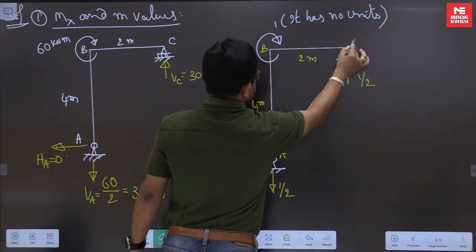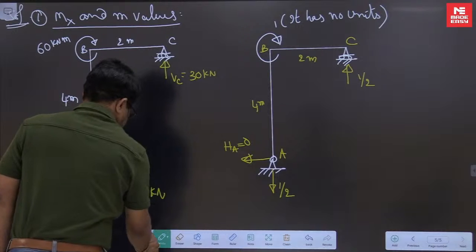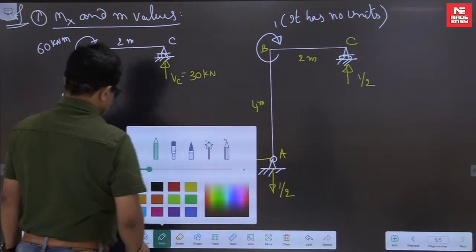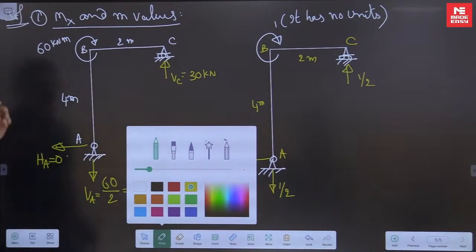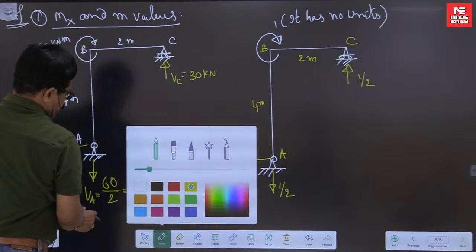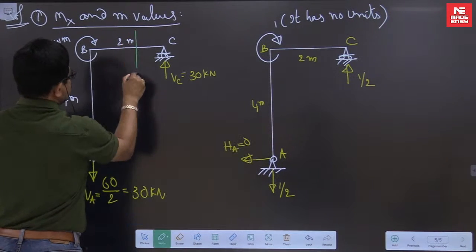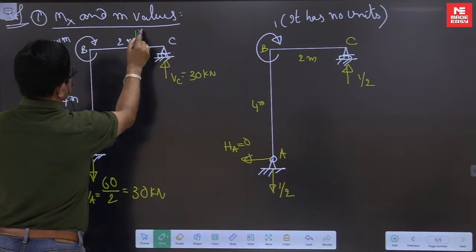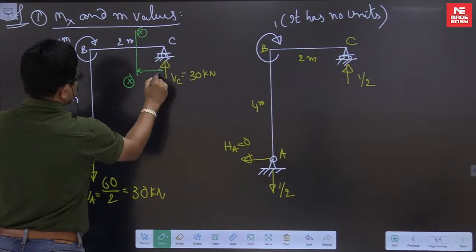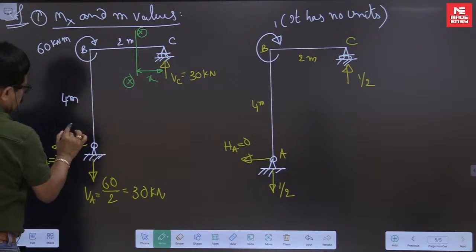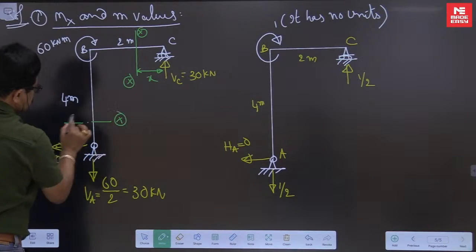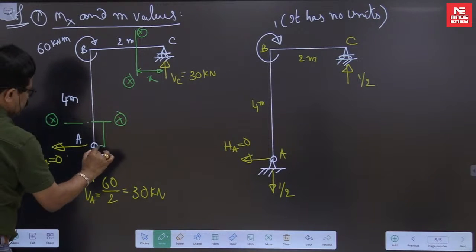A, B, C. Now Mx and m values we will find. Take a section XX here at a distance of x. Here also same, take a section XX at a distance of x.